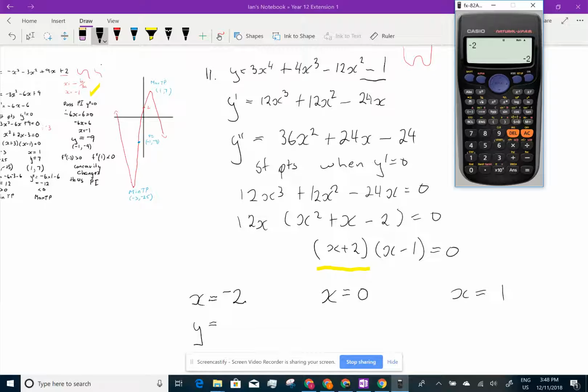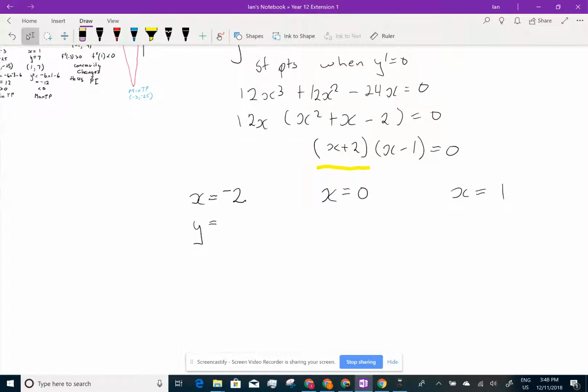And then I go 3 times my answer to the power of 4 plus 4 times my answer to the power of 3 minus 12 times my answer squared minus 1 gives me negative 33.